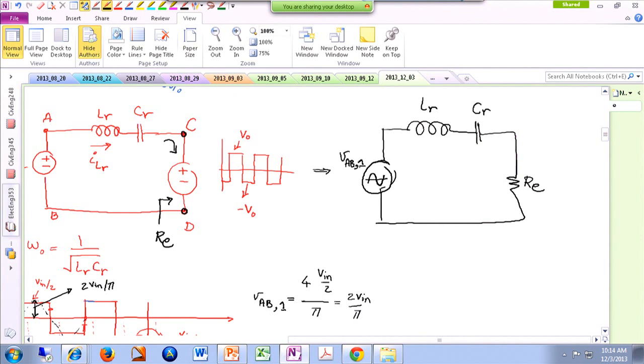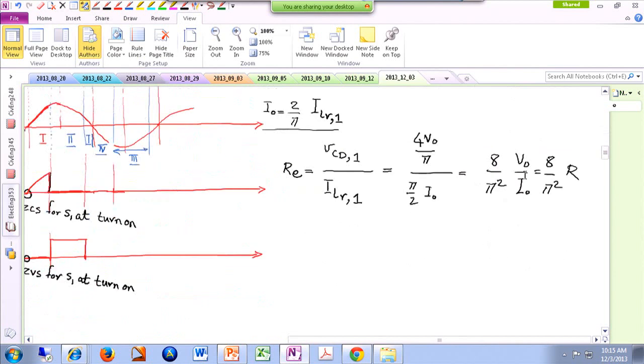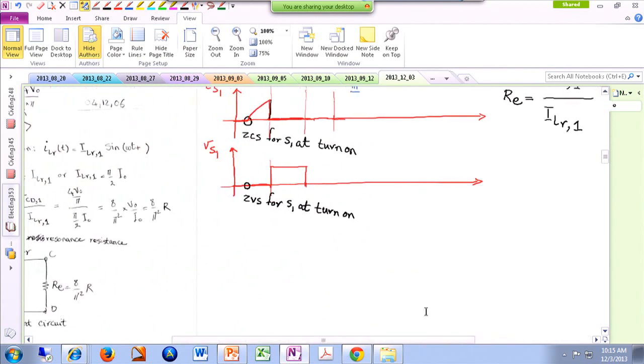So it's now easy for me to, for instance, find this current. It's now easy for me to find this voltage, and just keep doing that. All right. So now that we have this equivalent resistance, you can argue that, or let me redraw this over here, down here.